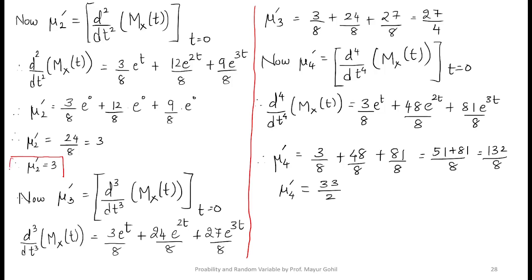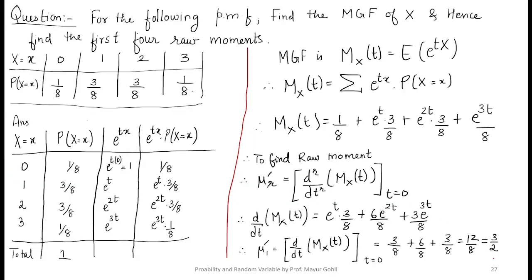So this is our mu2 dash, this is mu4 dash, mu3 dash is here, and we had our mu1 dash over here. And this is our MGF.